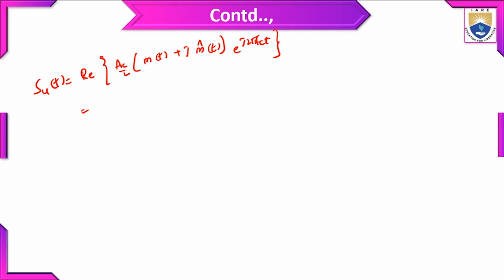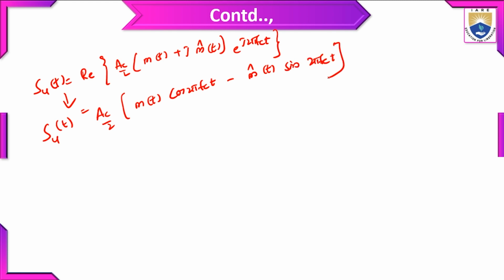So S U of t is AC by 2 of (m of t cos 2 pi fc t minus m cap of t sin 2 pi fc t).